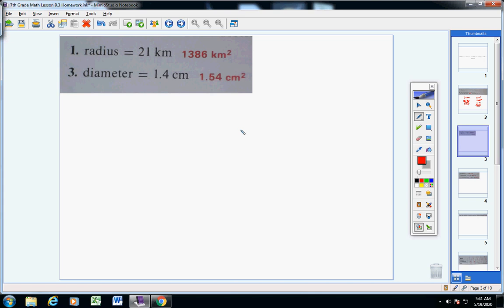Alright, for 1 and 3 in the directions say to find the area, and they want us to use 22 over 7 for pi. Okay? So, here we go. So area equals, for pi they want us to use 22 over 7. My radius is 21. This is right here.